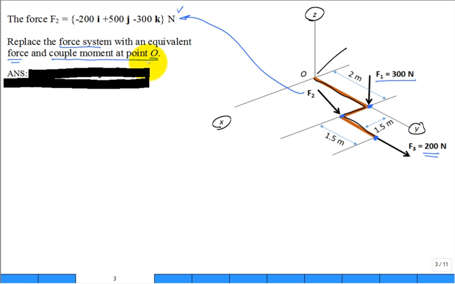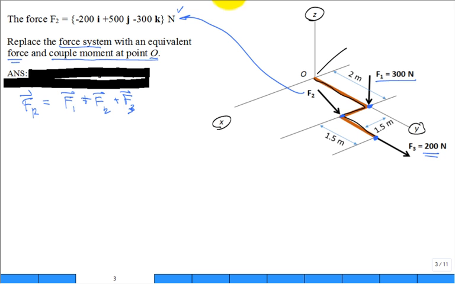So the first part is easy, get that equivalent resultant force to replace those 3 individual forces. We've done this, so you would just express F1, add it with F2, add it with F3, and that was your resultant force.